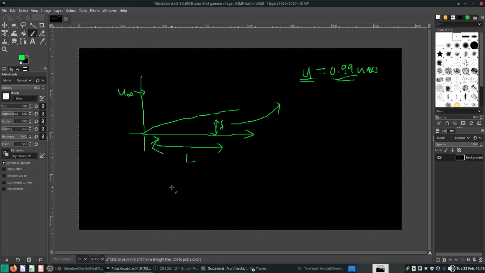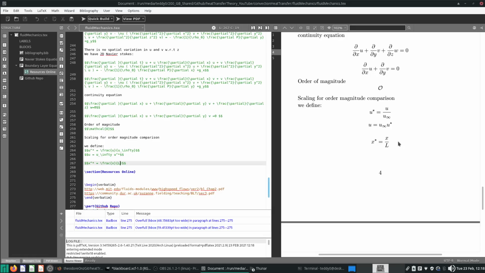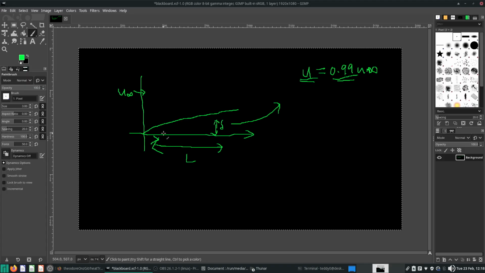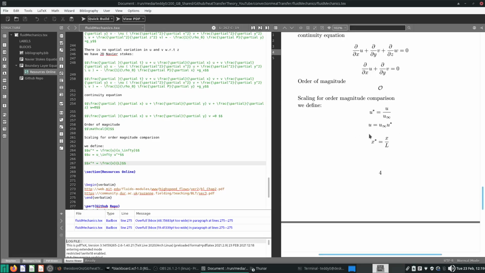So what is the characteristic length scale of x? The characteristic length scale of x will be equal to L. L is how far into the boundary layer you're talking about. And now because we have this boundary layer thickness delta, this is called the momentum boundary layer thickness. Why is it called momentum boundary layer thickness?